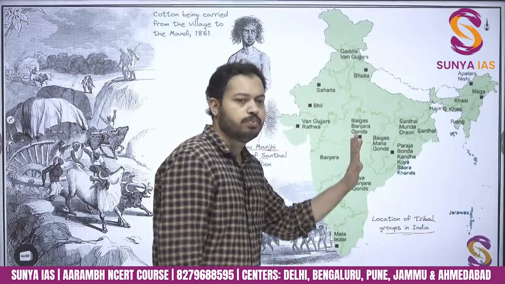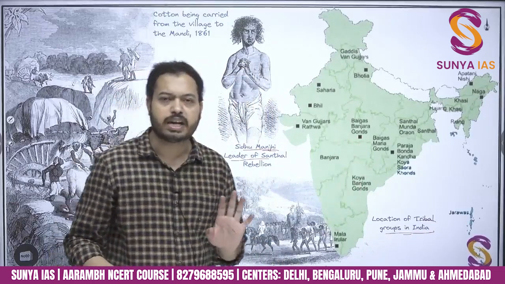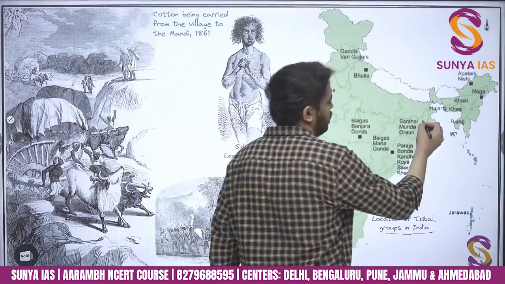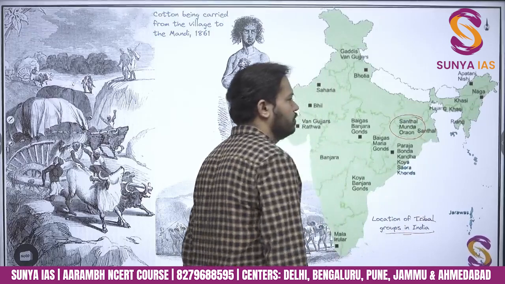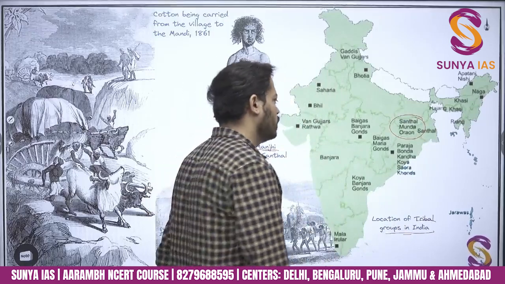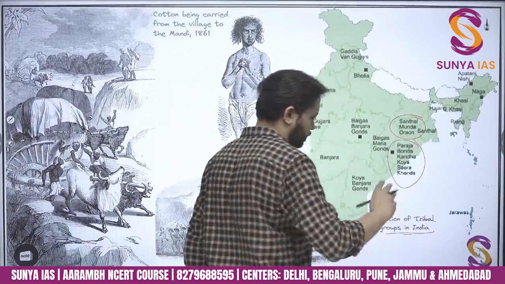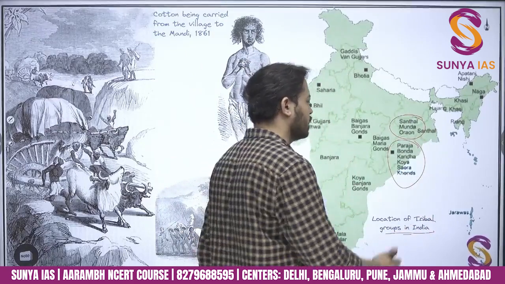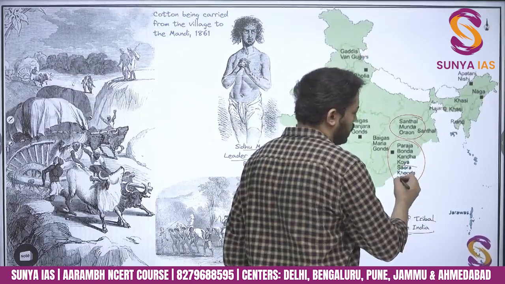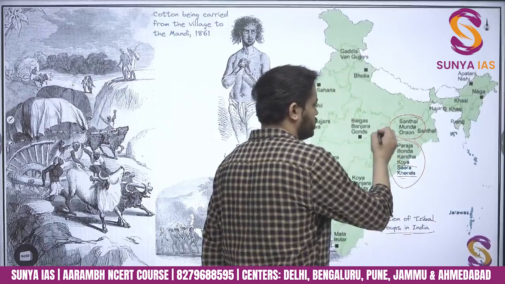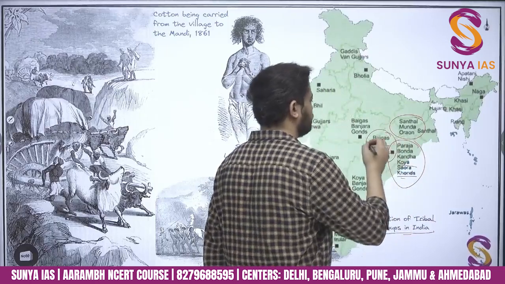As I have told you, don't think that tribals only live in the Chhattisgarh and Jharkhand region. As you can see, the Santhal, Munda, Oraon live in what we now call Jharkhand. Beyond this, in Odisha, there are an extensive number of tribals and different groups: Bonda, Kandha, Koya, Khonds. Then in Chhattisgarh, Baigas, Maria, Gonds.